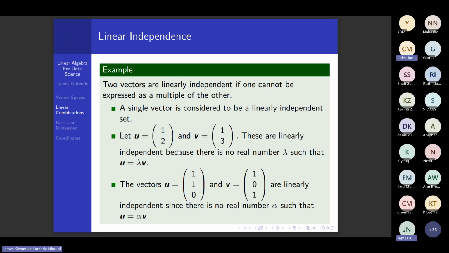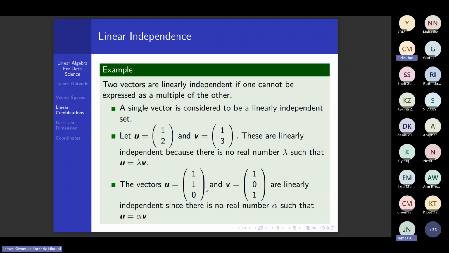So U cannot be written as a multiple of V and vice versa. So this set is linearly independent. The second set here, of these two vectors in 3 dimensions, is also linearly independent. So for the case of two vectors, it's fairly easy.